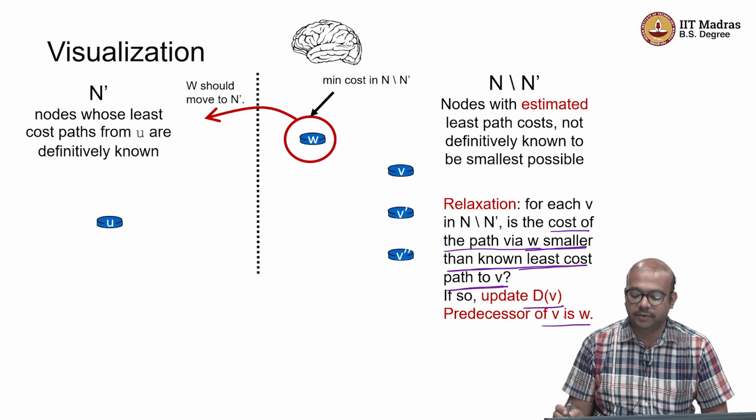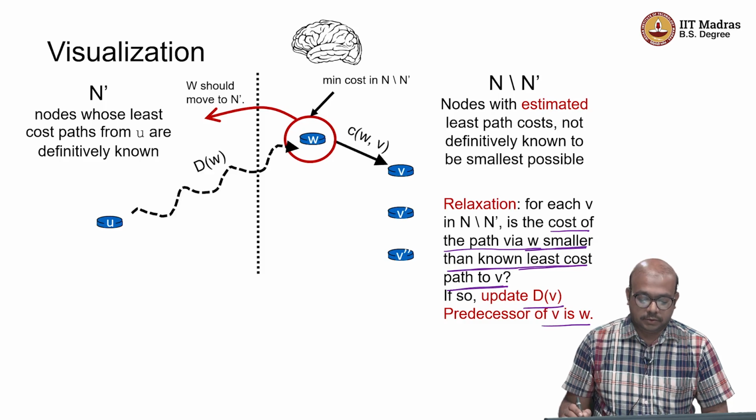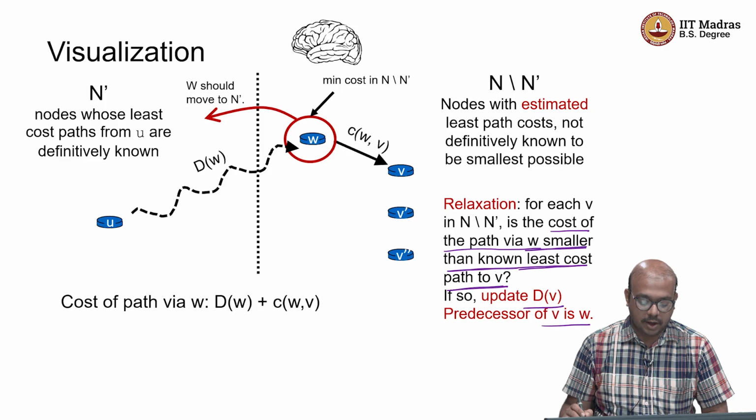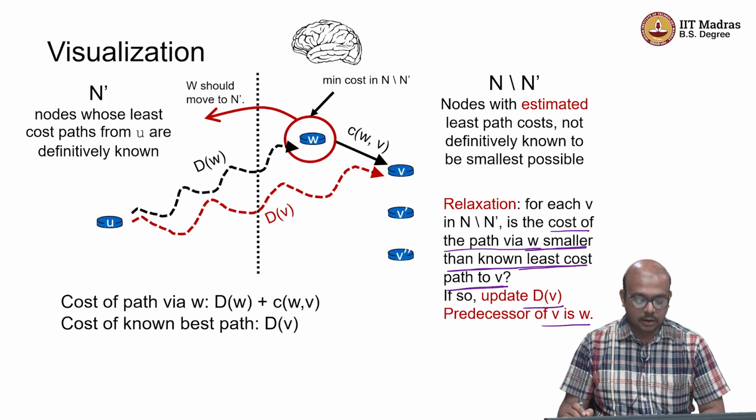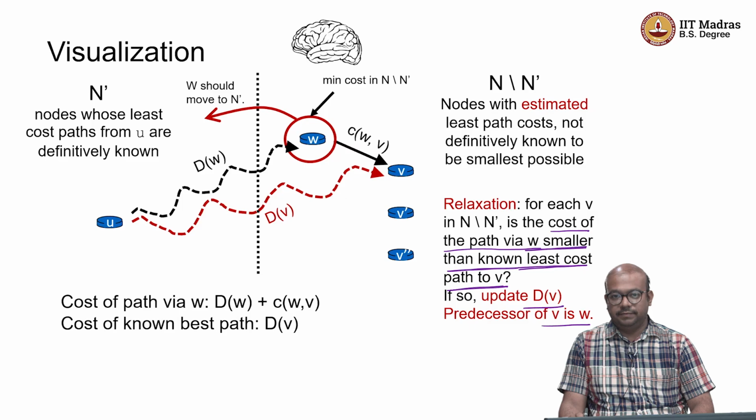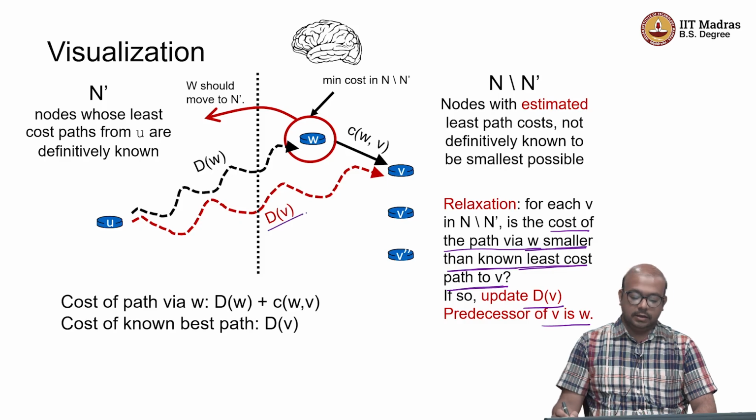So, if you want to reach V, you have to reach V via W. So, W becomes the predecessor node of V. So, dW plus c(W,V) is the total path length or the path cost, and you have a direct path which is dV. Okay. So, dV is the direct path, dW plus c(W,V) is the indirect path via W, and the cost of the best known path is dV till now. Okay, till now it is dV, that is the red colored one. So, you compare them and choose which one is the minimum.